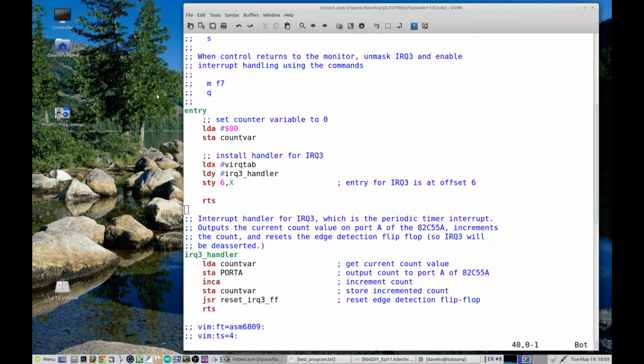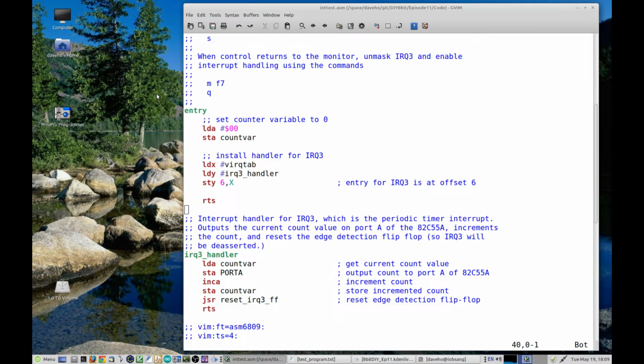This is an edge-triggered interrupt generated about 14 times per second. The handler function writes the current count to port A of the 82C55A and then increments the counter. Before returning, it calls the monitor's reset IRQFF function to reset the IRQ3 flip-flop. If we didn't call this reset function, then IRQ3 would continue to be asserted.